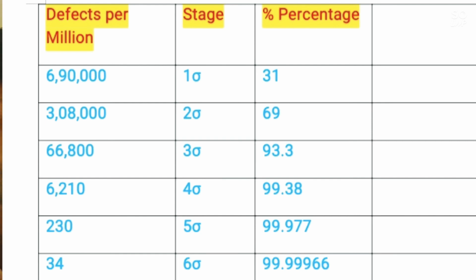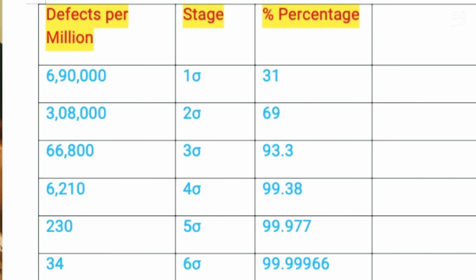So up to this level we can achieve in industry. So this is referred to as the industry average. If we follow 4 sigma, the defects per million would be 6,210 and the quality percentage would be 99.38.